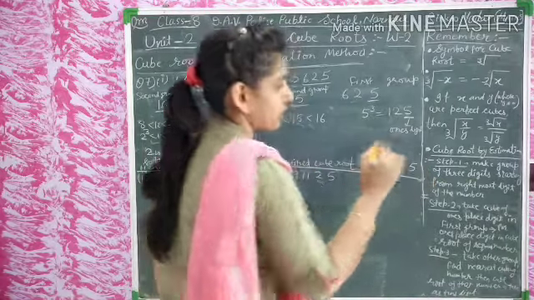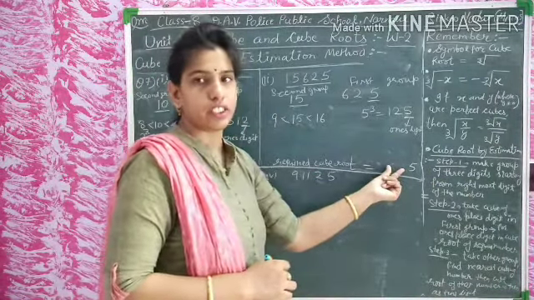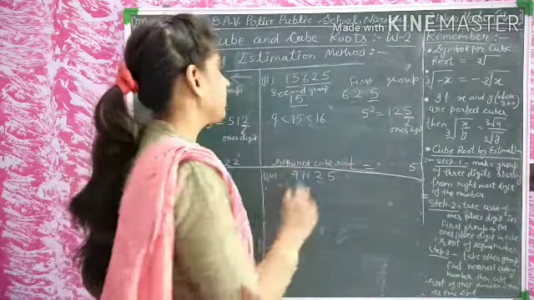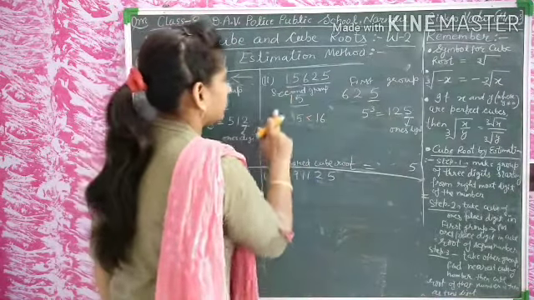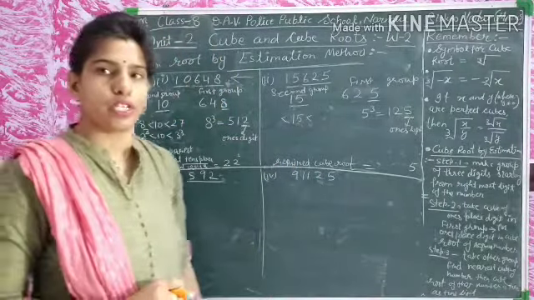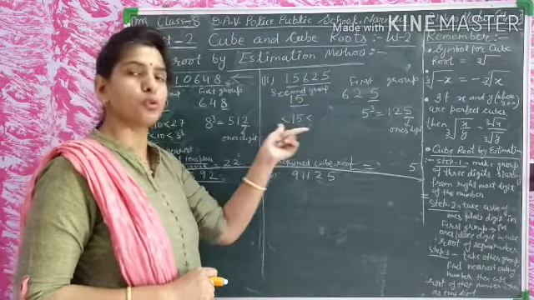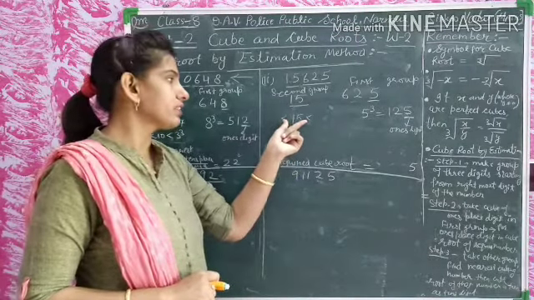Is it clear students? Now we get the tens place digit. There is a 15 here, and we have to find the nearest cube value near 15.